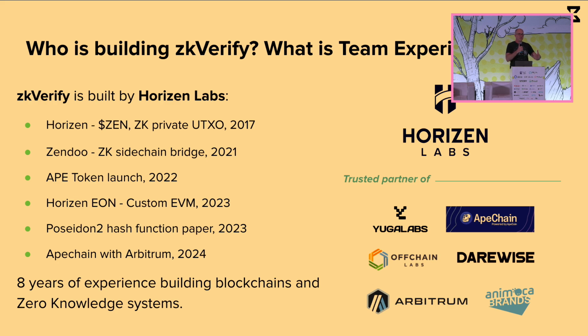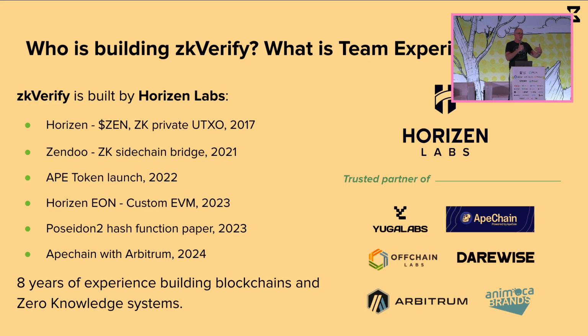Our team developed Zendoo, a ZK-based sidechain bridge. This is designed to help a UTXO protocol like Bitcoin extend its capabilities by having a sidechain to another blockchain. We implemented that for Horizon, and so right now the Horizon project is actually 2 blockchains, a UTXO proof of work and an EVM sidechain, which happened to be a custom EVM developed by the Horizon Labs team.